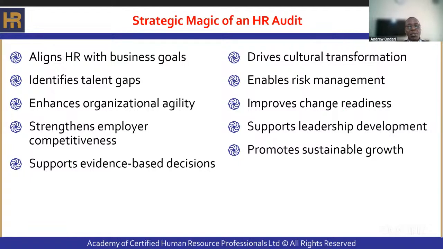So our policies should adapt to such changes in the labor laws. Without this agility, we become rigid. And anything that is rigid is easy to break. So we want to ensure through HR audits that our policies, processes, and procedures are adaptable to changes in our environment.